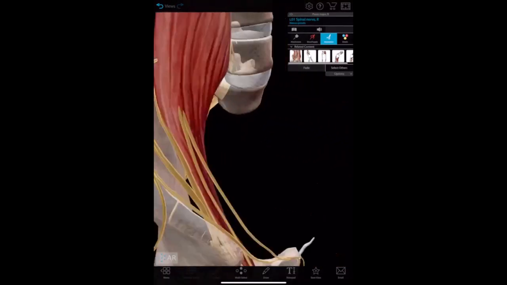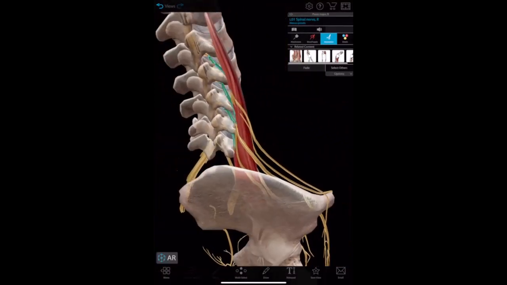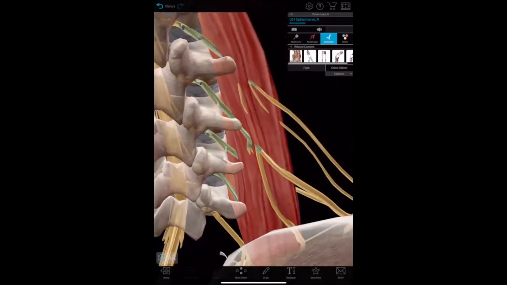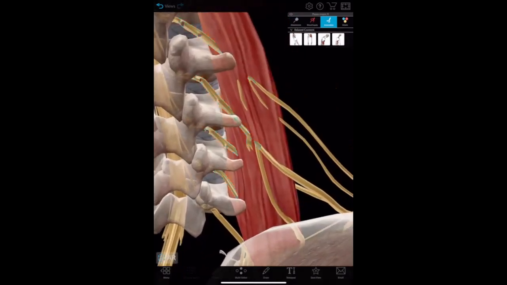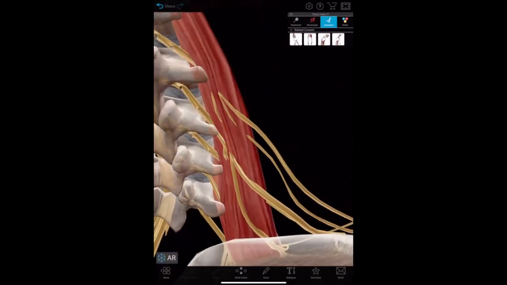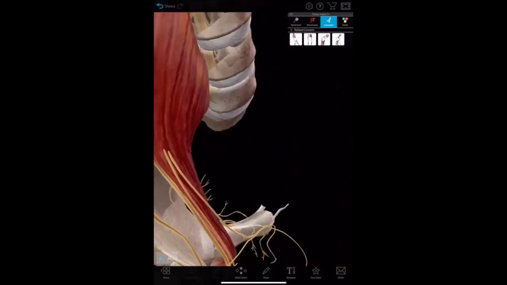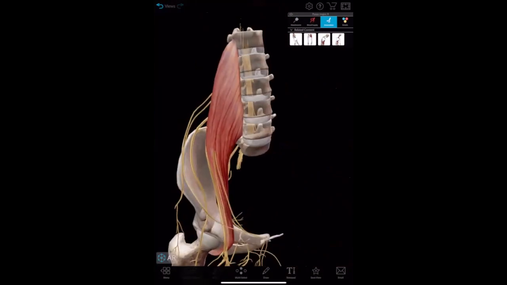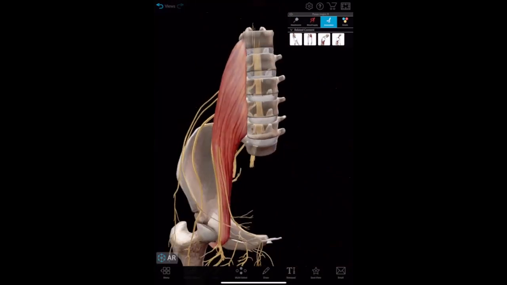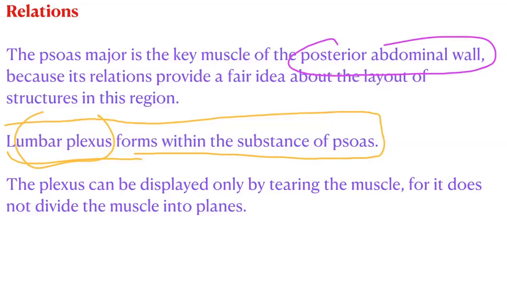They are piercing it, this is very clear. The plexus can be displayed only by tearing the muscle, but it does not divide the muscle into planes.